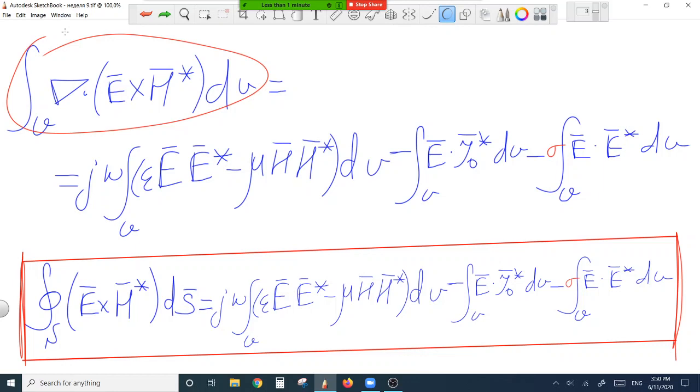You may remember from the previous course that there are complex powers and active powers.